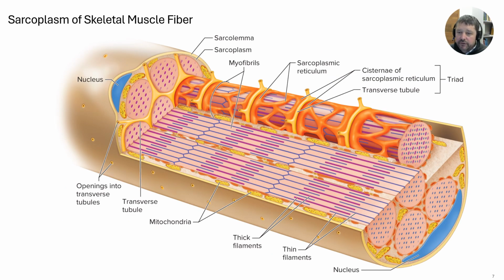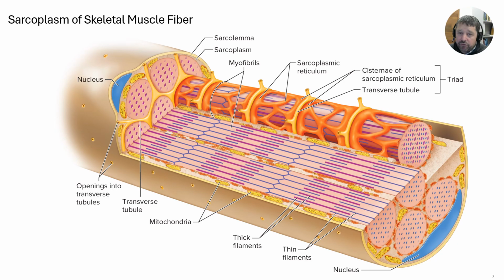Okay, now we can look at it across a nice big cross section again. You can have multiple nuclei throughout to provide the communication, to provide the messenger RNA to build new proteins in case some of the proteins are broken down, send signals, that kind of thing.